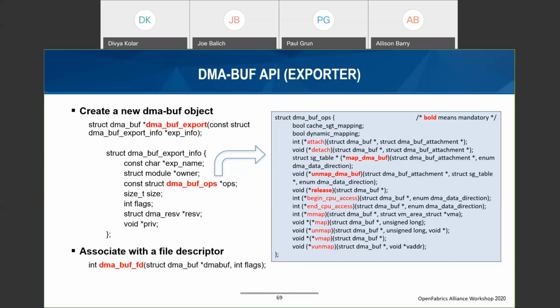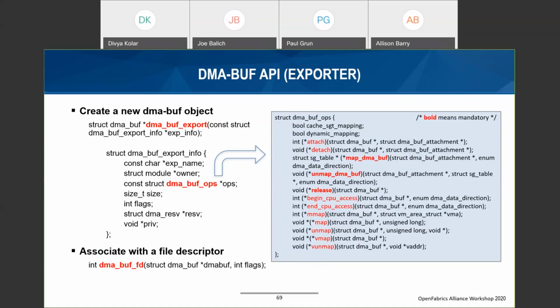Many of them are optional, but several are mandatory. Mainly, there's one called map DMA-Buf. That one is doing the address translation. It's similar to what DMA map SG does. And at the same time, it should also pin the buffer. And there's a corresponding unmap function. And there's another function to release the DMA-Buf.